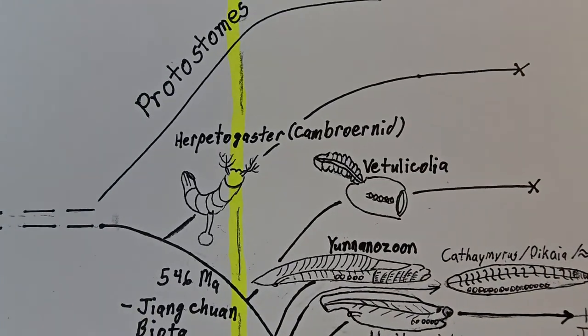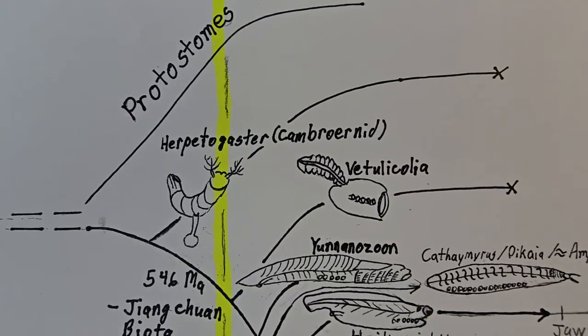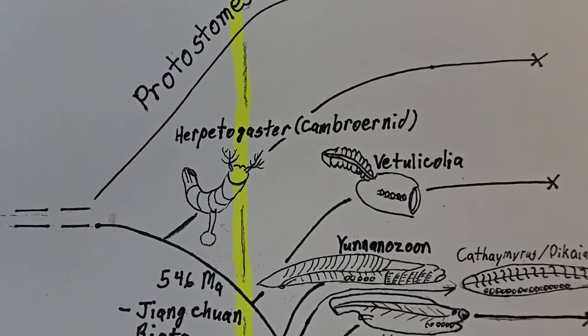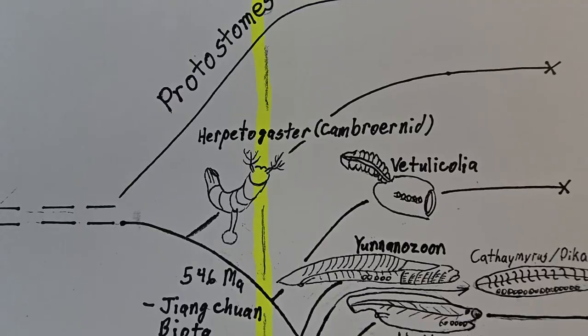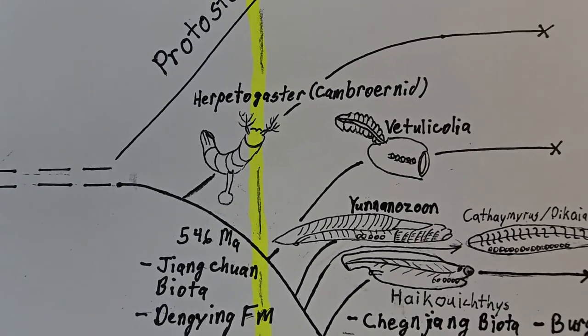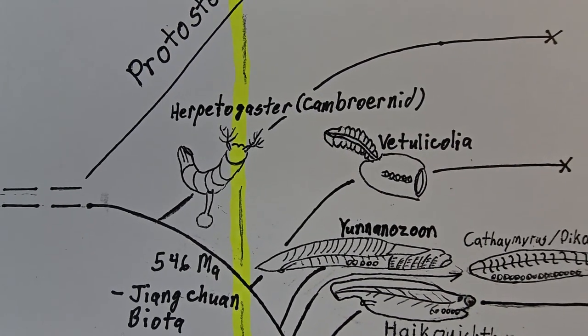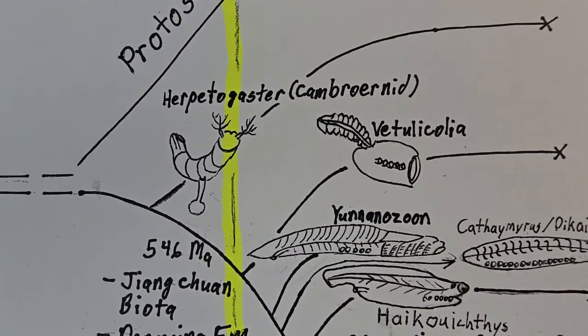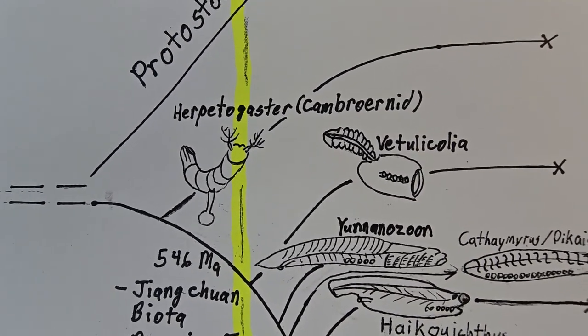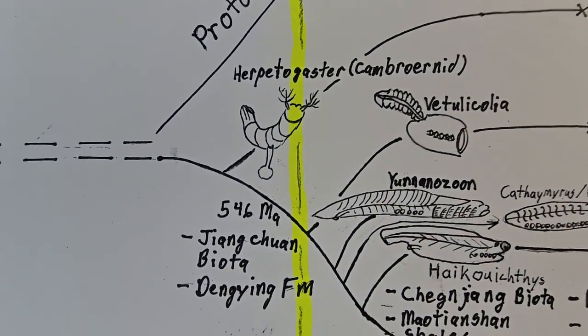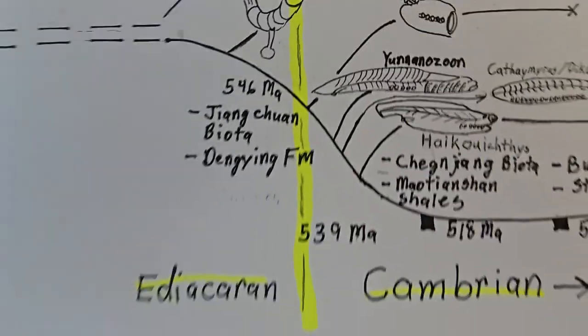So the first animal we're going to talk about is Herpetogaster. And this is basically a stalked animal, and it or a similar related member of its clade called Cambroernids has just recently been discovered in the Ediacaran.